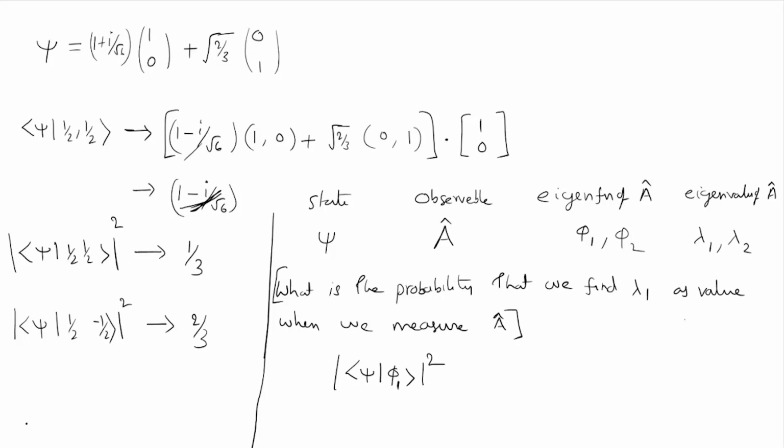Let me do the same thing and convince you. In our case, psi is given, and there is an observable SZ. This observable has eigenstates plus half, and minus half. It has eigenvalues plus h over 2 and minus h over 2.